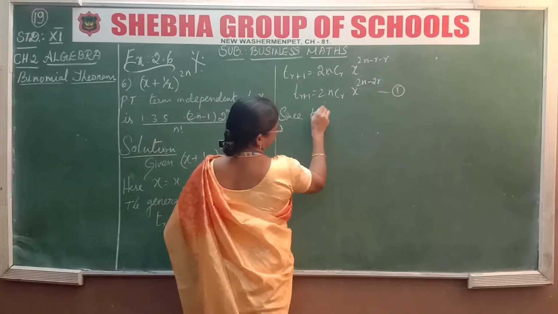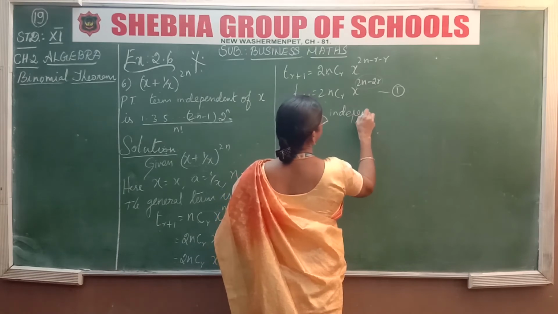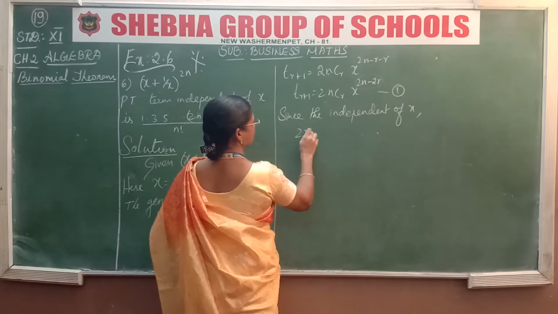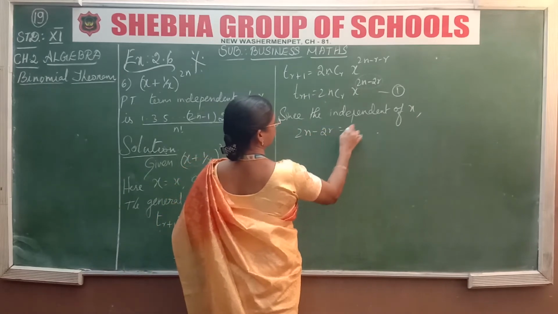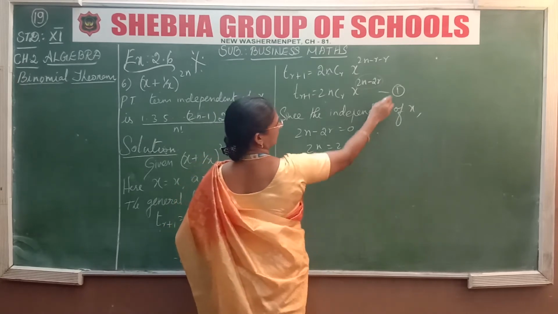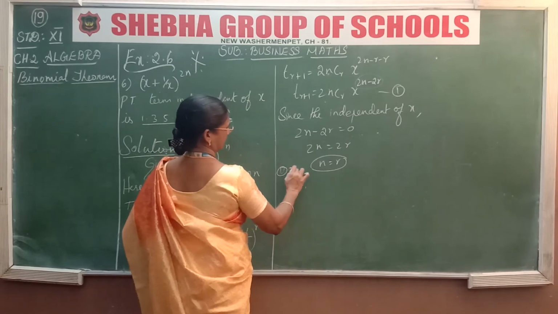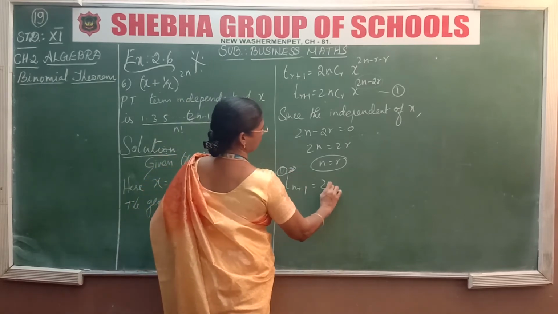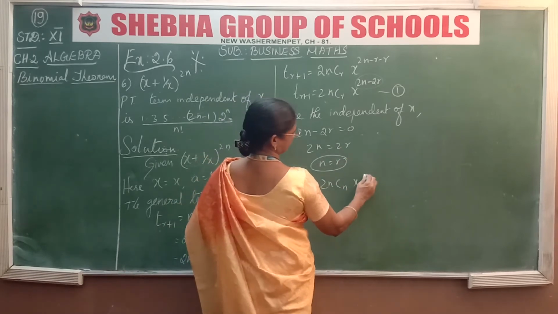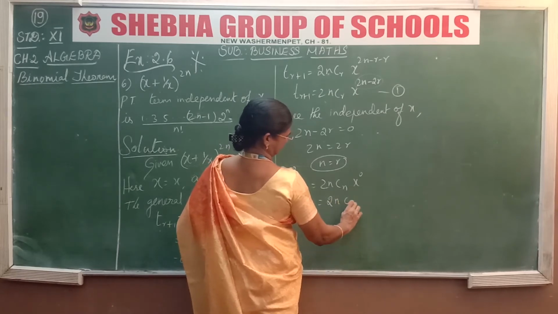So since independent of x means 2n minus 2r equal to 0, 2n equal to 2r and n is equal to r. Substituting this in first equation, we get T n plus 1 is equal to 2nCn and x to the power 2n minus 2r, that is 0. So we get 2nCn.